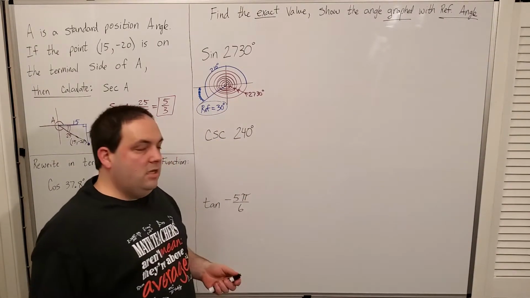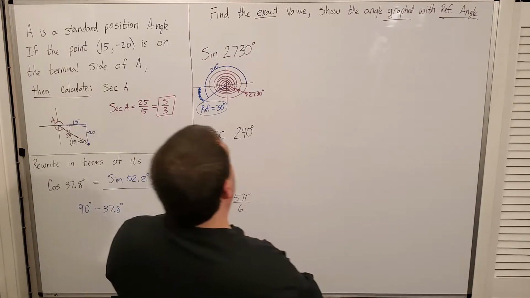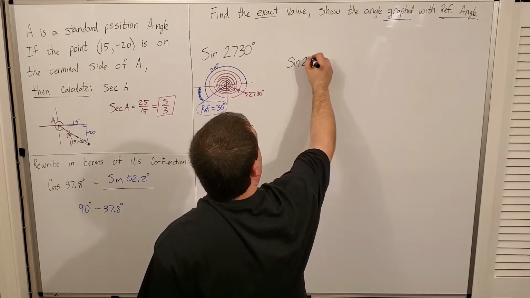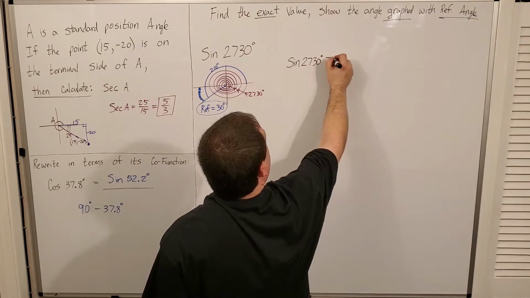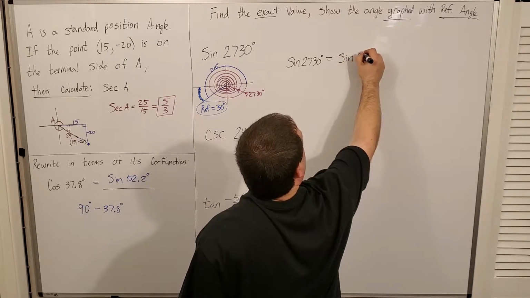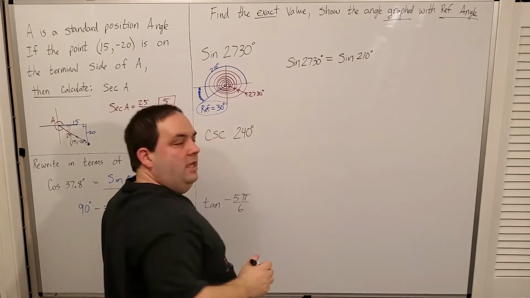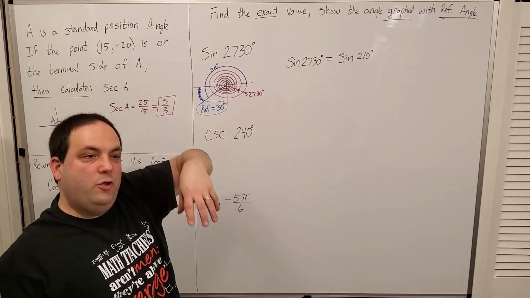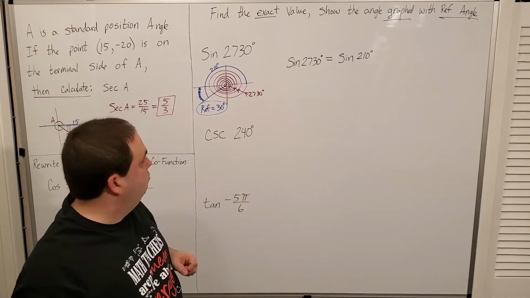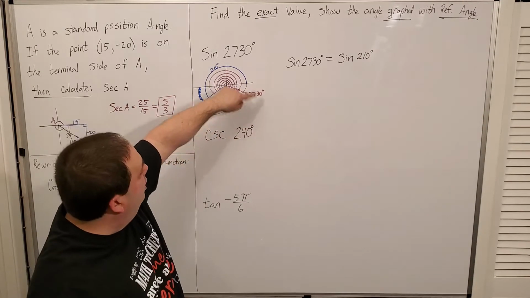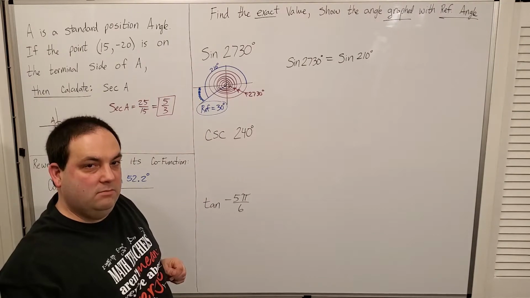The sine of 2,730 degrees is equal to the sine of 210 degrees. This is one of your identities. It's always true if two things are coterminal. Okay, the 2,730 is coterminal with 210 degrees.